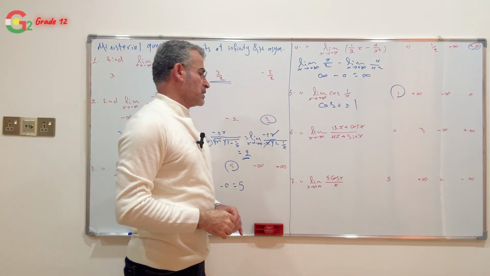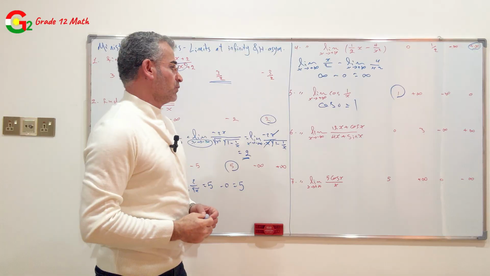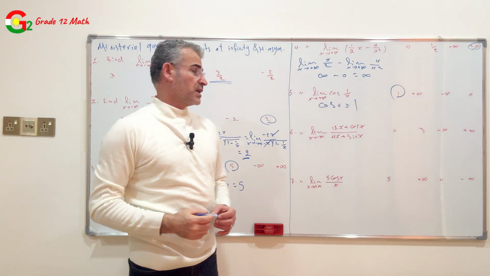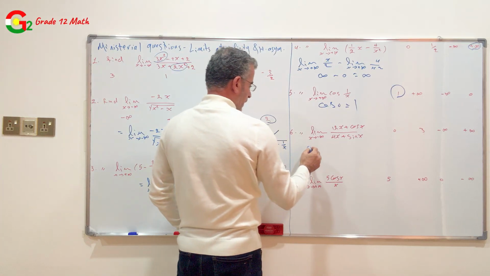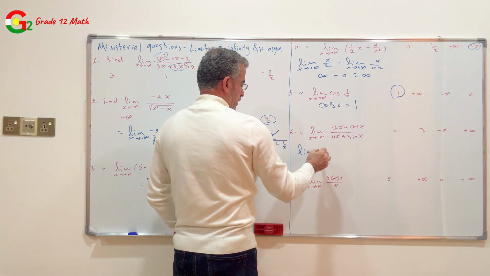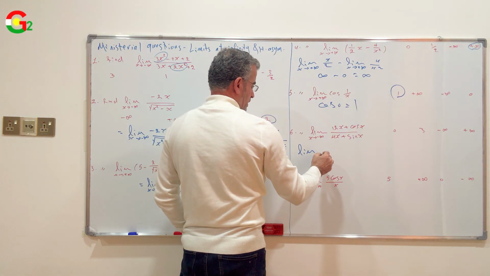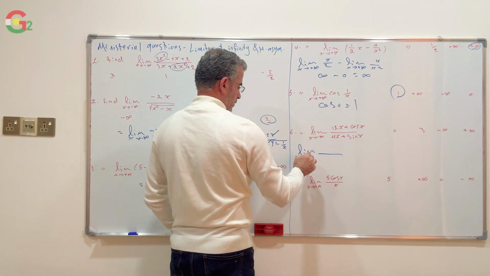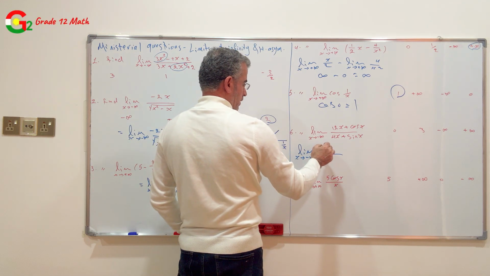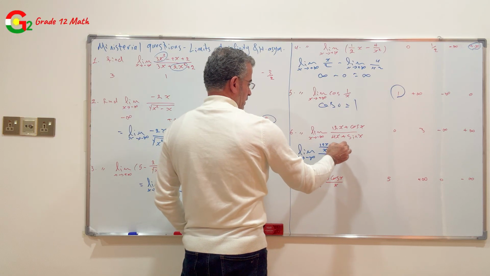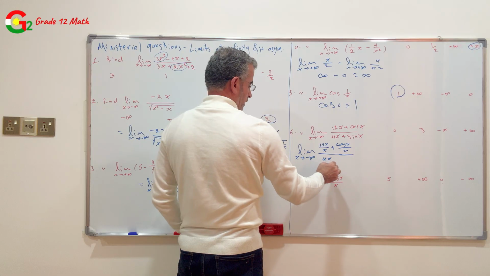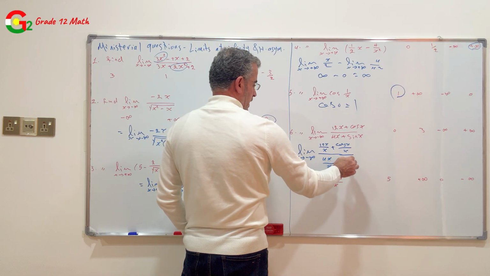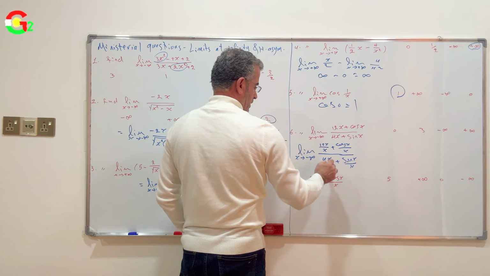Question number 6. Limit as x approaches negative infinity of (12x + cos x) over (4x + sin x). Divide both numerator and denominator by x, then the limit as x approaches negative infinity of 12x over x plus cosine x over x, over 4x over x plus sine x over x.